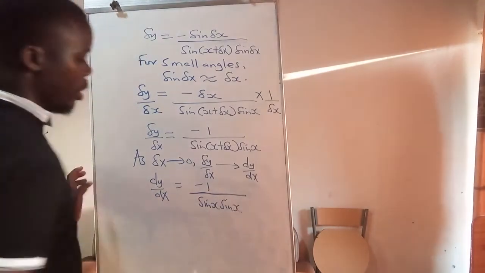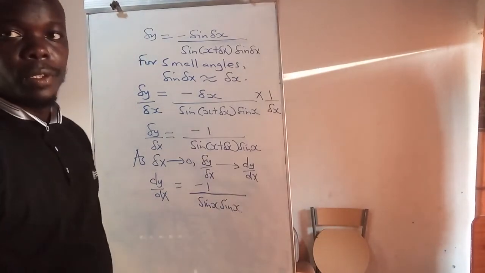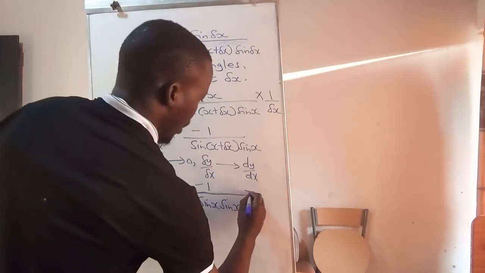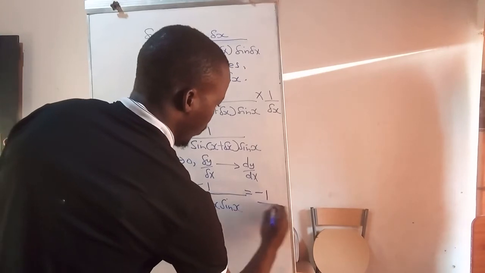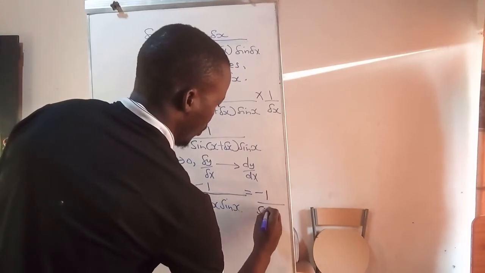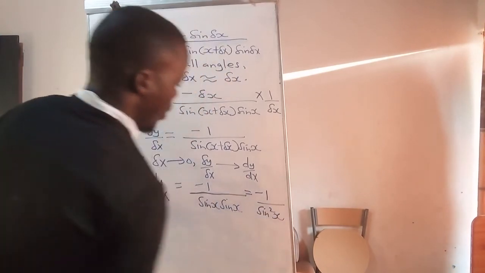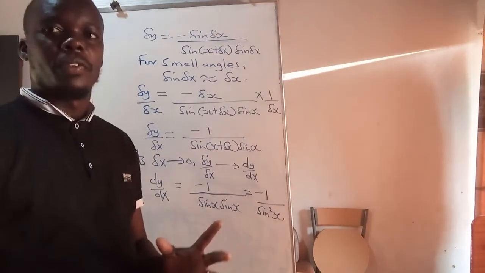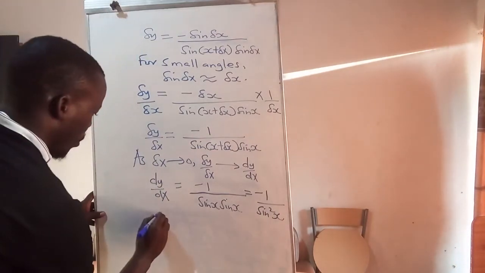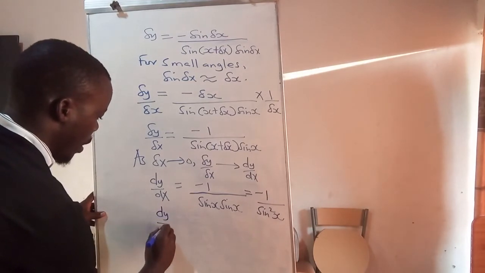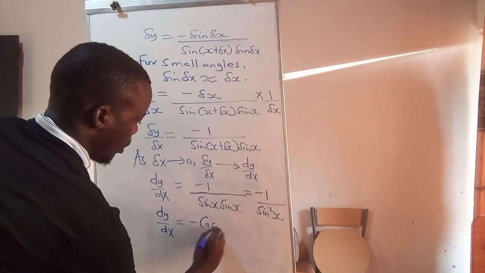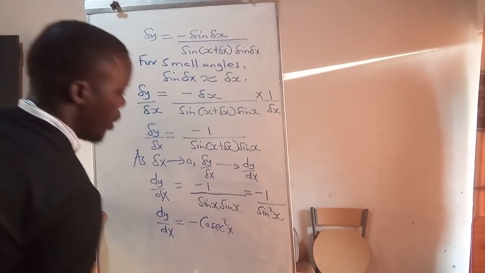But remember, sine x times sine x is the same as sine squared x, and now it means we have -1 divided by sine squared x. But -1 out of sine squared x is as good as negative cosec squared x. So it means dy dx is now going to be negative cosec squared x, and that is your derivative.